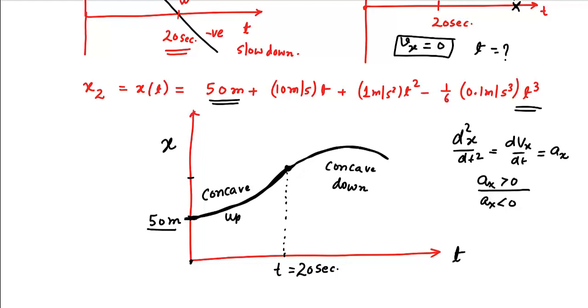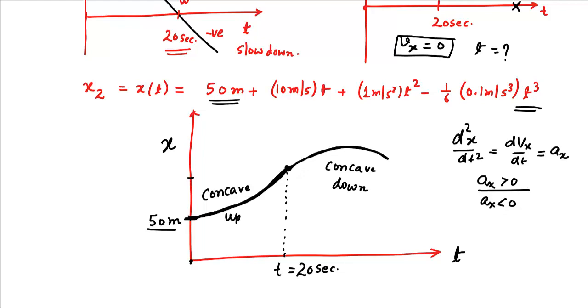In this video we have seen how you can calculate velocity and position if instantaneous acceleration is given. If you integrate acceleration, you get the velocity, and once you have the velocity, you can integrate further to get the position.